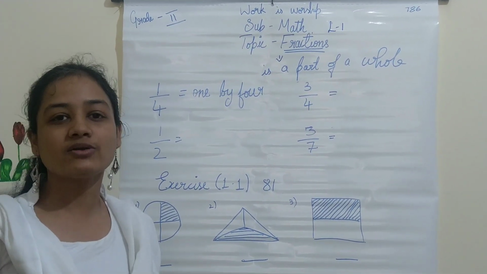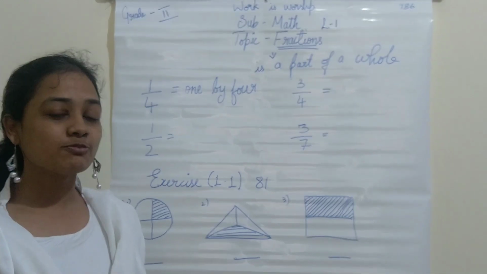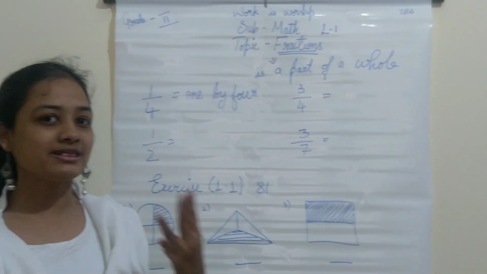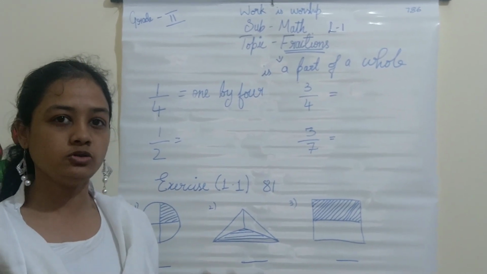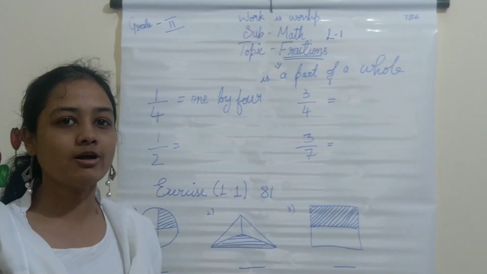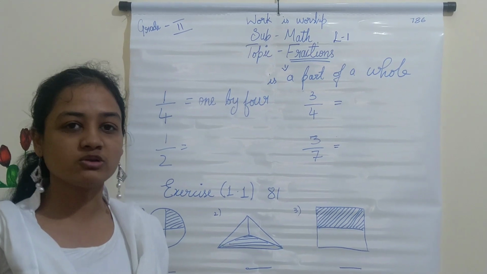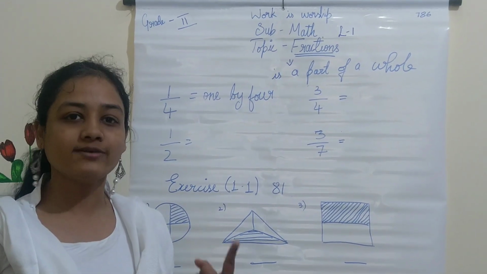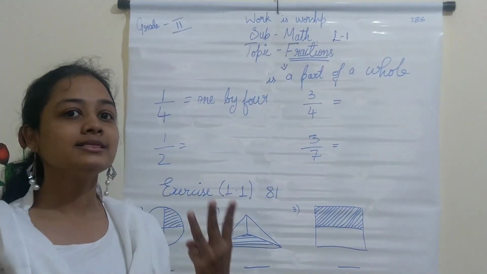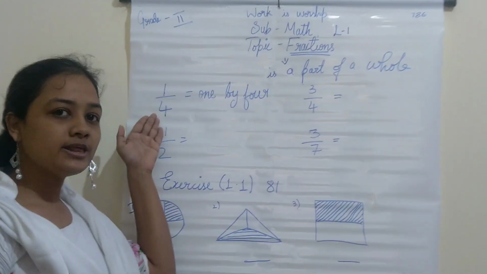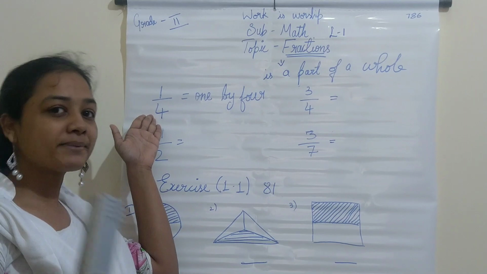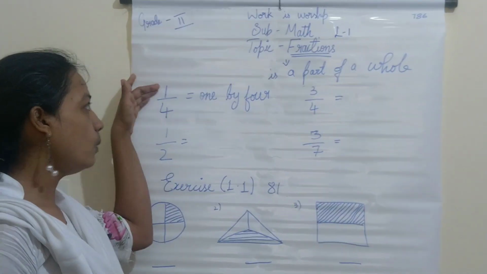You all know the ranks you get in your schools, right? Or in your running race, you'll be saying first prize, second prize, third prize. What are those? They are numbers 1, 2, 3. But how do you call them? You don't say them as 1, 2, 3. You say them as first, second, third, like that. We are going to read the denominator numbers in the prize form.